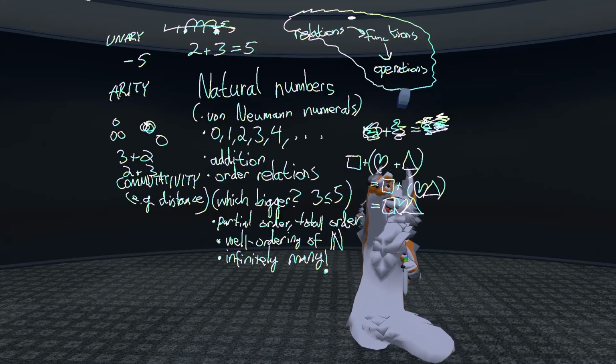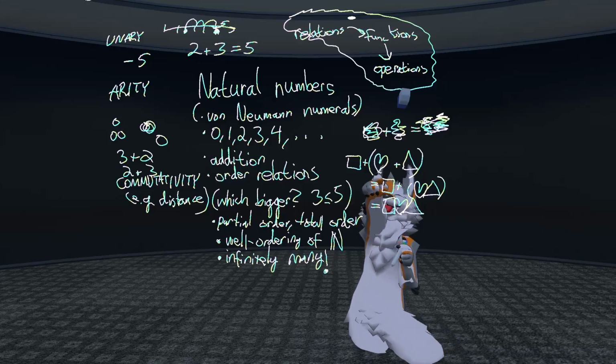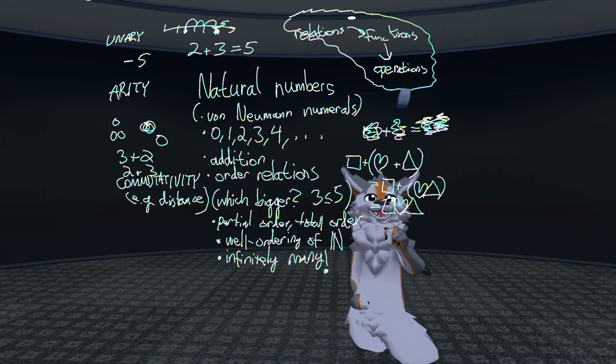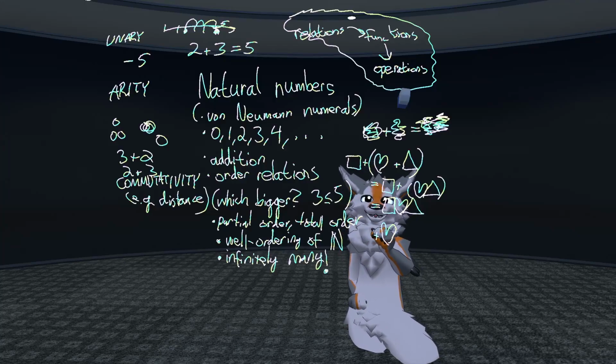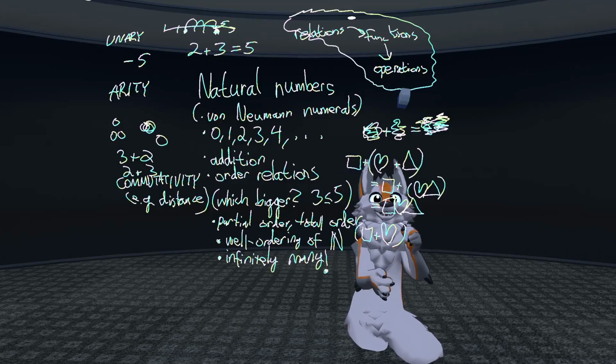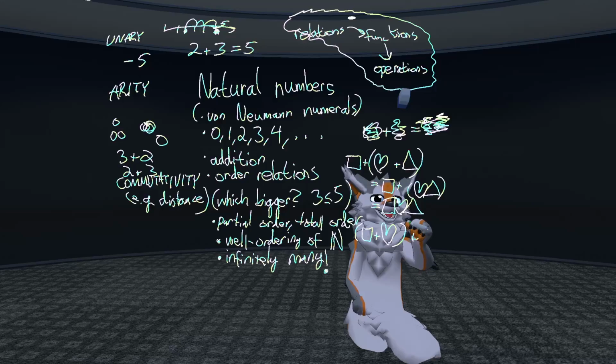Yes, so we could alternatively add the square from the left first, and then add the triangle.